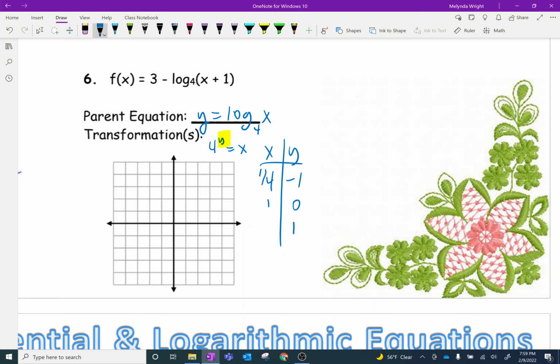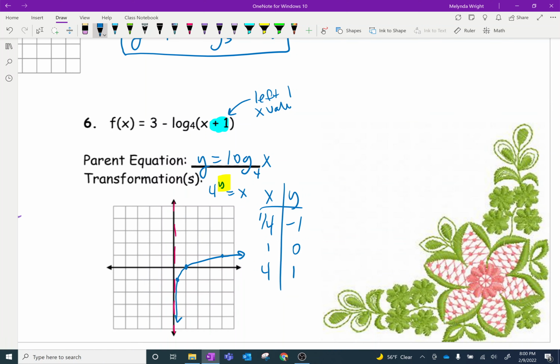I said y, but I meant x, and I wrote x. It affects the x value by going left 1, so we would need to subtract 1.